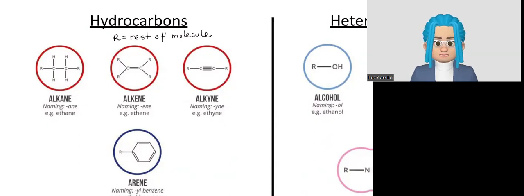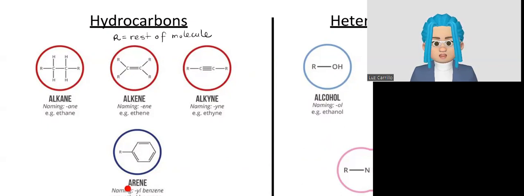In the case of the alkene, it's going to be an organic compound that has a carbon-carbon double bond. Next, we have alkynes. And an alkyne specifically is going to have one or more carbon-carbon triple bonds.